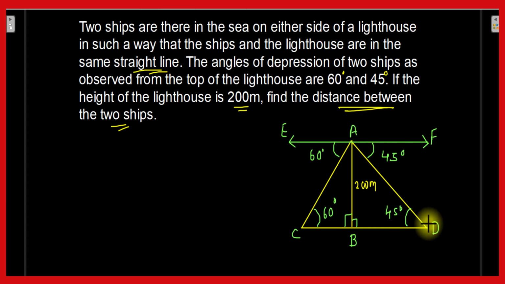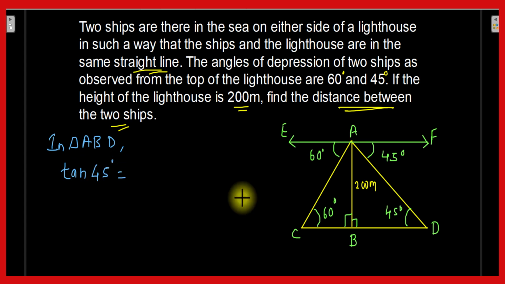So here first we will take the triangle ABD. In triangle ABD, here we have tan of 45 is equal to opposite upon adjacent. Opposite is AB and adjacent is BD. So tan 45 is equal to opposite, which is 200, upon adjacent, which is BD.